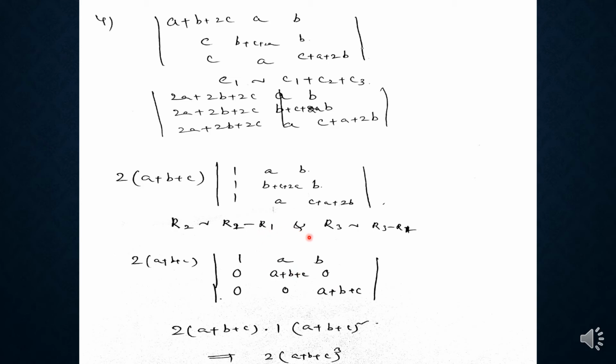Now coming to the third row, R3 changes to R3 minus R1, 1 minus 1, 0. So A minus A, 0, C plus A plus 2B minus B, that becomes C plus A plus B, means A plus B plus C.